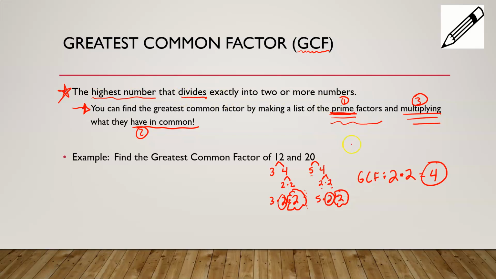What that means is I can do 12 divided by 4, I get 3. I can also do 20 divided by 4, which is 5. Okay, so that greatest common factor is this number that both of those numbers divide by. And it's the greatest common factor because it's actually the biggest one. So that's our strategy if we're given 2 numbers and we're trying to find the greatest common factor.